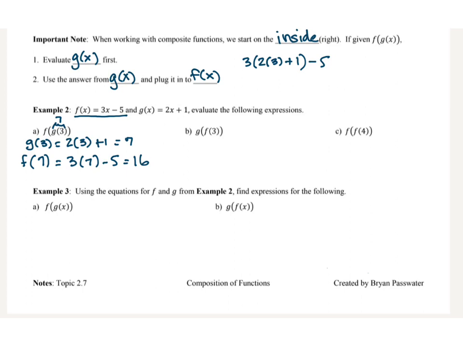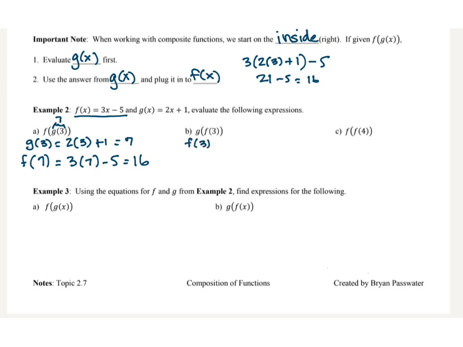Would we have gotten 16 up here? Yeah, it's the same. But I think it's a lot easier if we evaluate the inner function and then plug into the outer function.